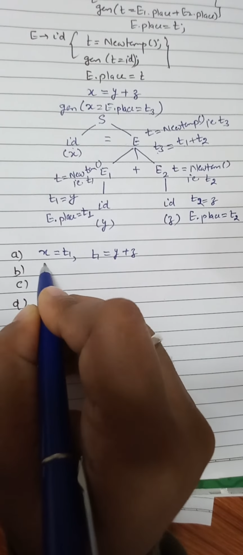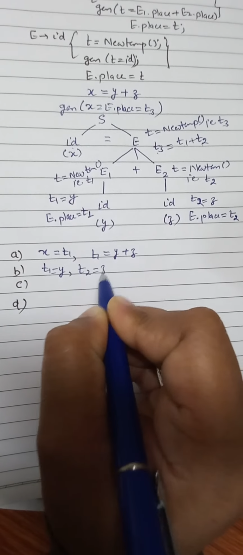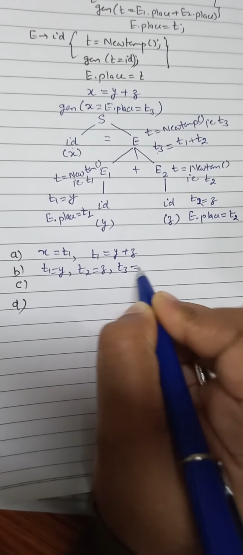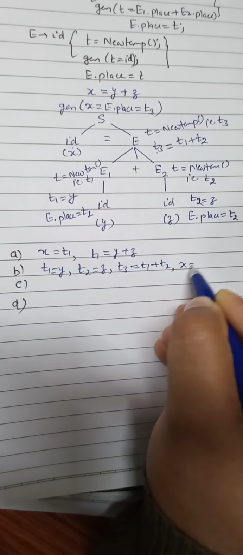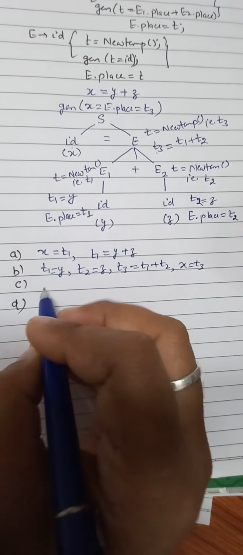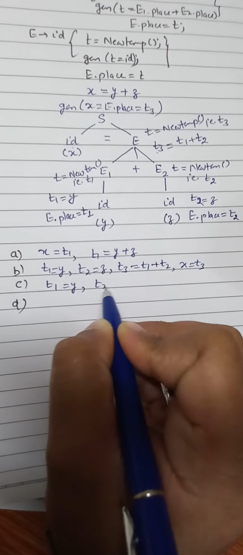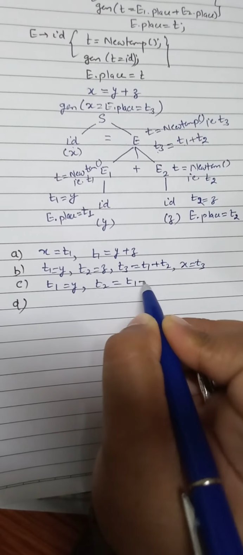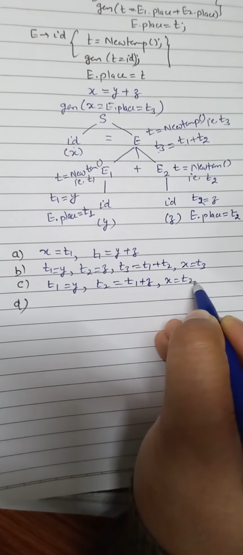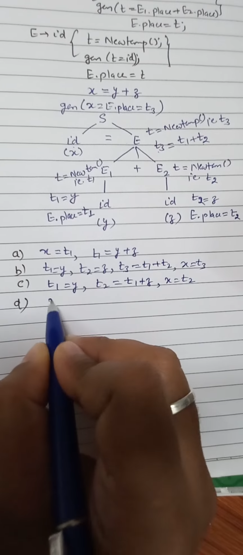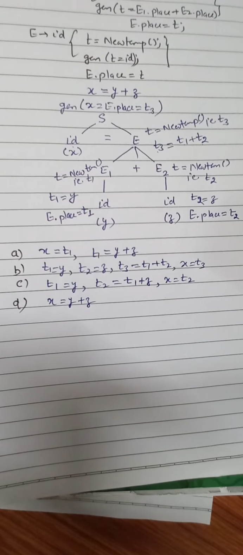Option B is T1 is equal to y, T2 is equal to z, and T3 is equal to T1 plus T2, and x is equal to T3. The third option is T1 is equal to y, T2 is equal to T1 plus z, and x is equal to T2. And option D is x is equal to y plus z. So which one is the correct answer?